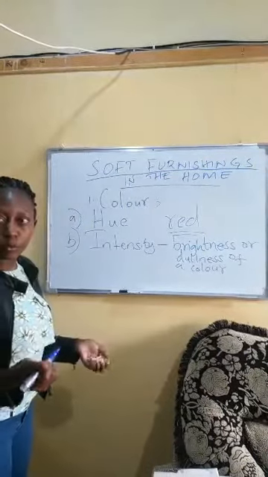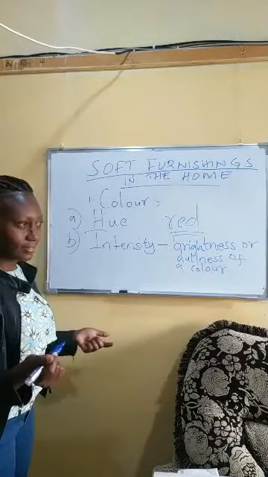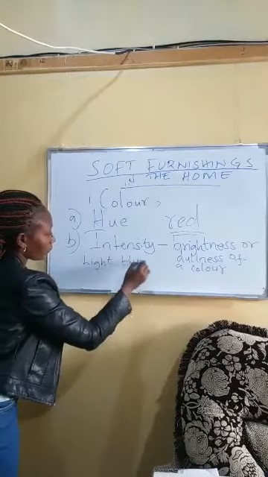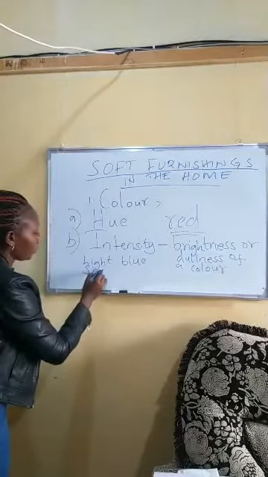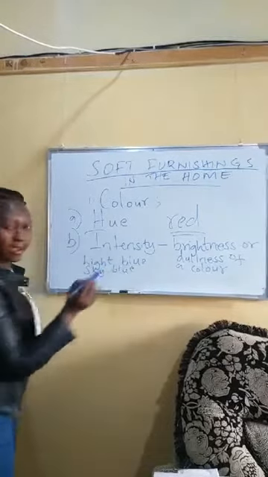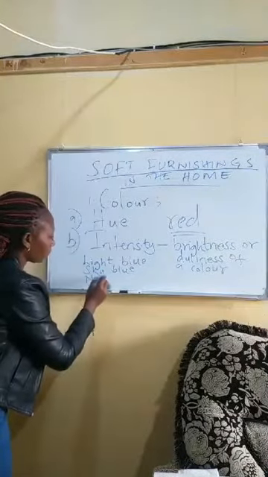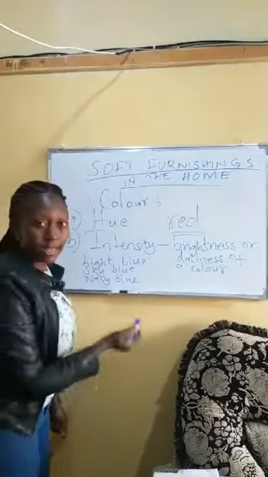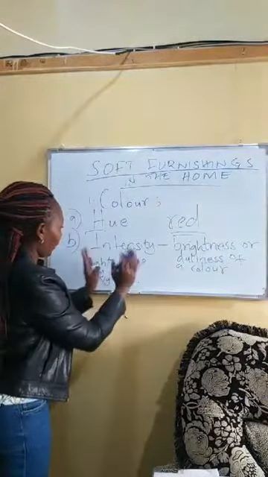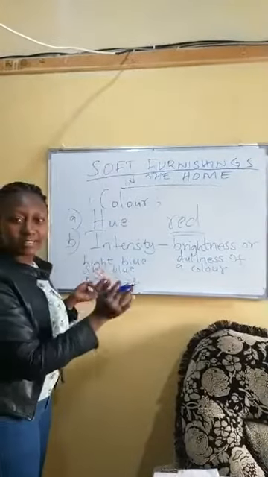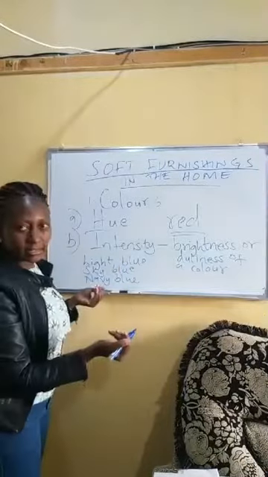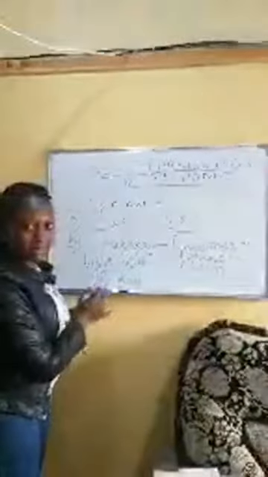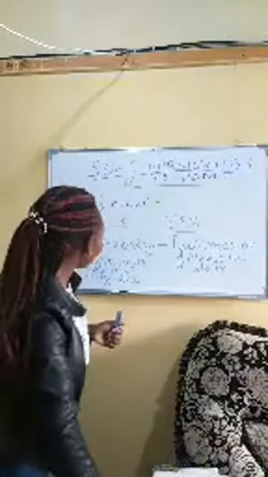If you look at blue, blue exists in various intensities. We can have light blue, we can have sky blue, we can have navy blue, and we can also have royal blue. And if you look at these intensities, there is one that is bright, one that is dull. So when we say intensity, we simply mean brightness or dullness of a color. I hope we are together at that point.